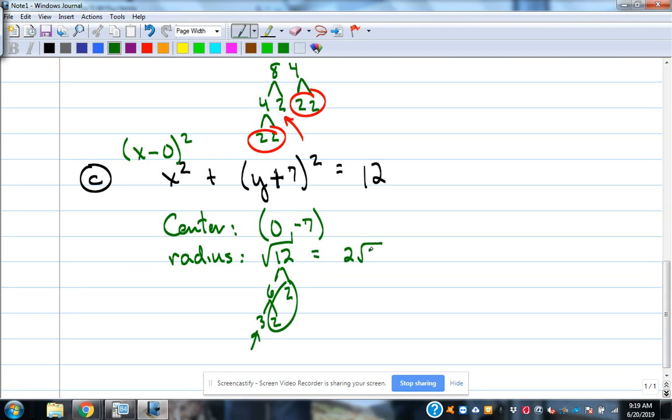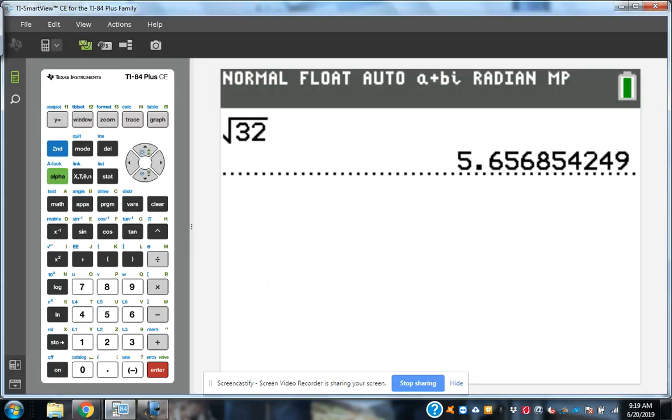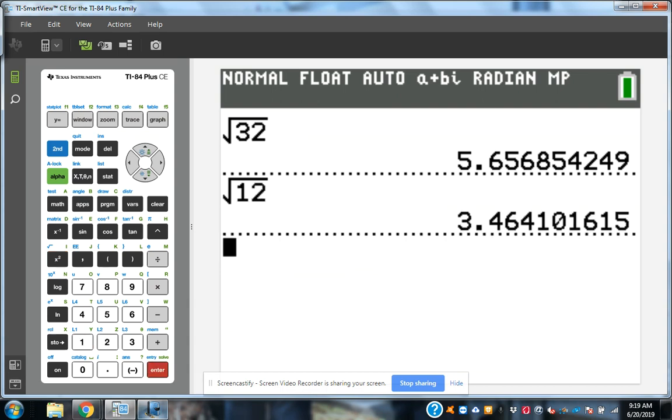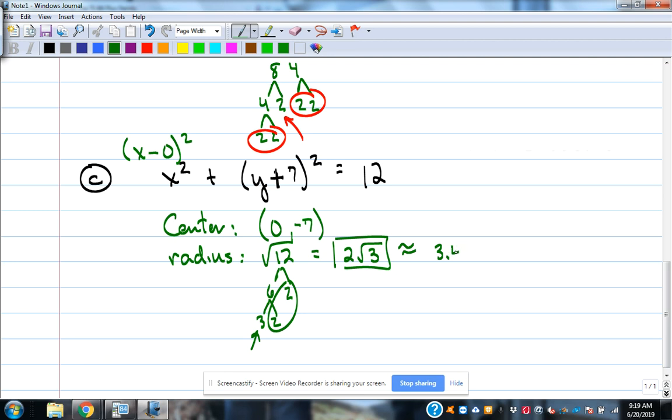That's going to be 2 square root of 3, which if we did a decimal approximation for that, I'll just type in the square root of 12, and it's 3.46. Always going to take the square root of that number on the end.